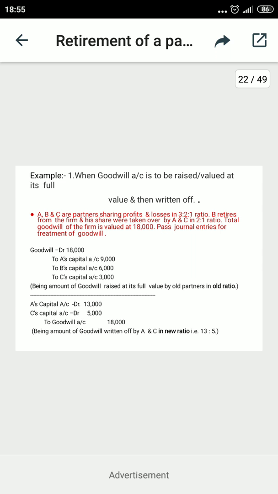So when goodwill is raised with the full value, first take the full value and distribute it among the old partners in the old ratio, and second, write it off immediately among the remaining partners in the new ratio. I think this is clear to you.